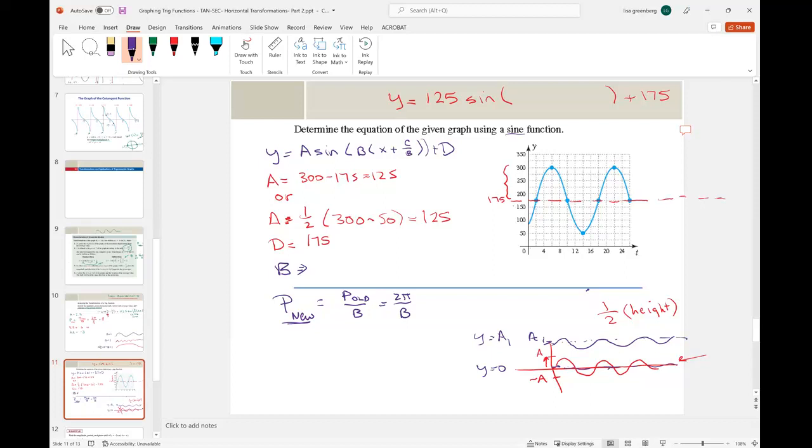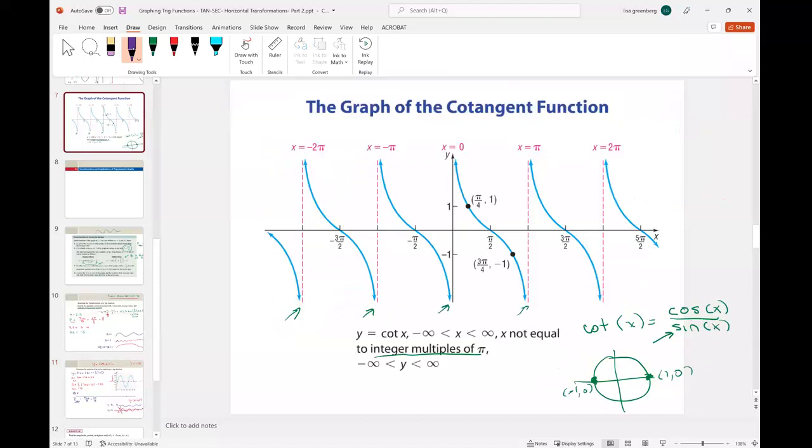Yes, a cycle. That's why here we look at the period, we can say this is one cycle, and then it repeats. For this cotangent, our period is pi, because between 0 and pi it has one period.